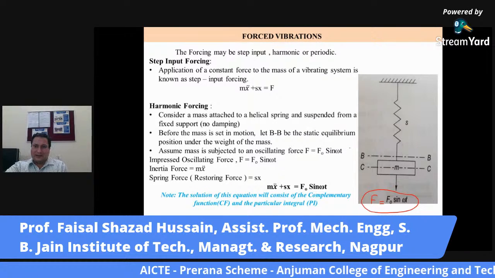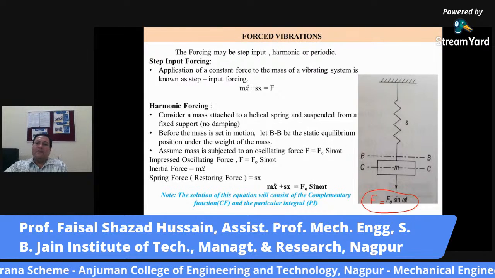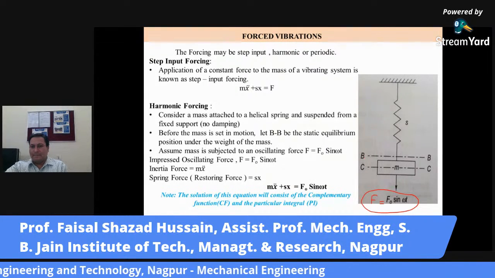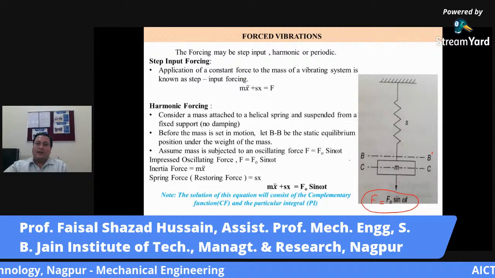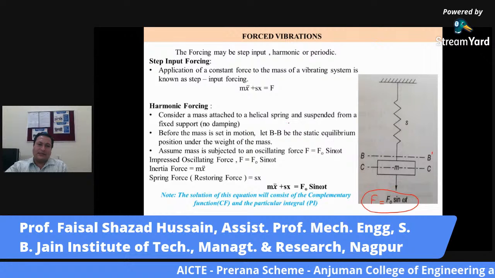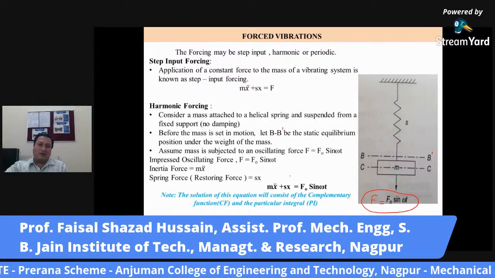In this figure, there is a spring mass system. The mean position is BB dash, and before the mass is set in motion, BB dash is the static equilibrium condition under the weight of the mass.